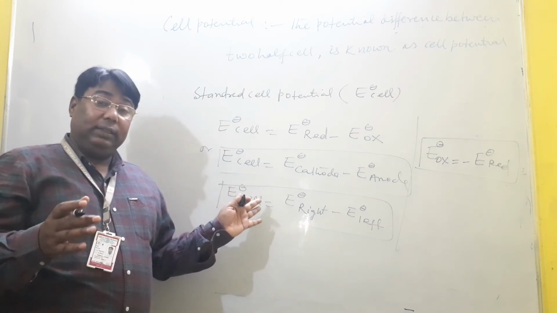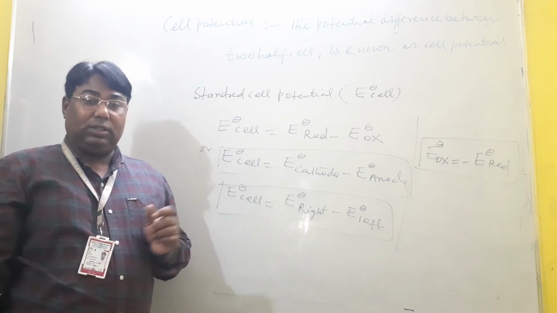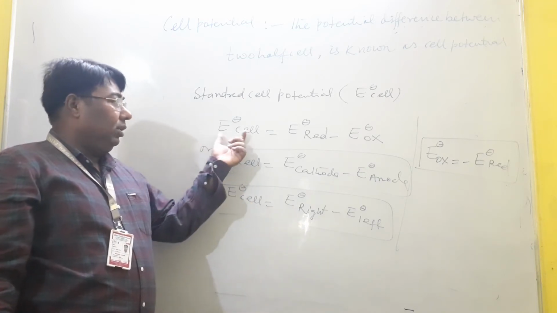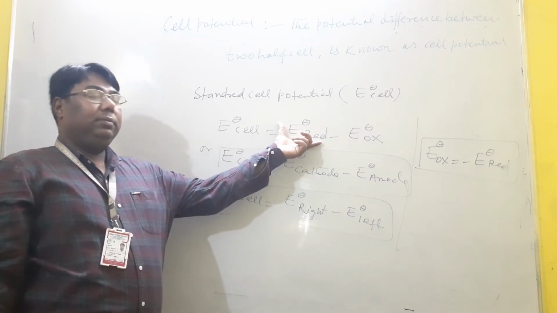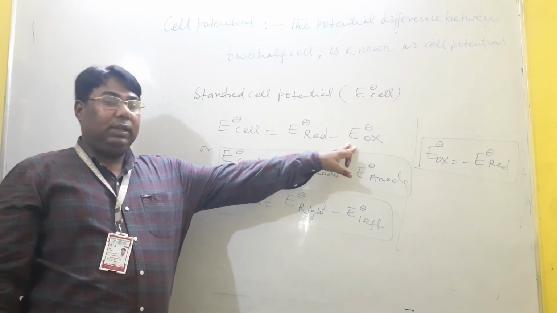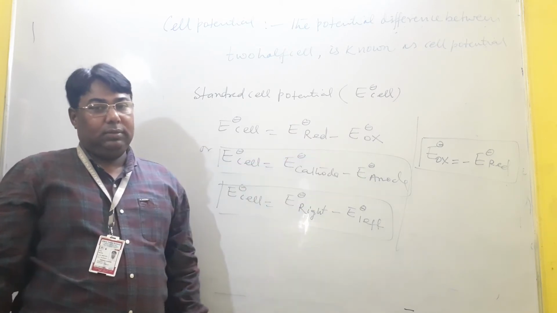I think this topic is already discussed in class 11 also, in the redox chapter. So standard cell potential is equal to standard reduction potential minus standard oxidation potential. Understand?